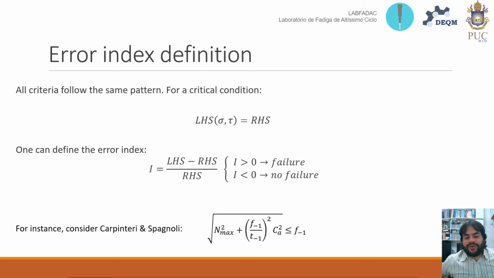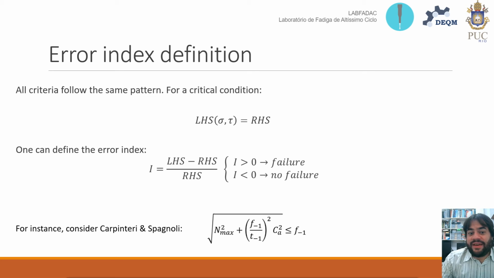So if we take, for example, Carpentier and Spagnoli's equation, you can see that Nmax and Ca are associated with the stresses acting on the critical plane, while F-1 and T-1 are fatigue resistance limits in both normal and shear conditions.